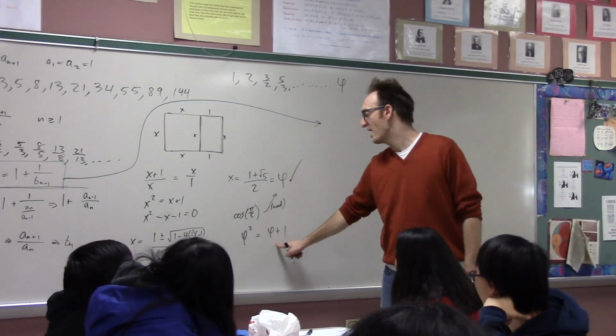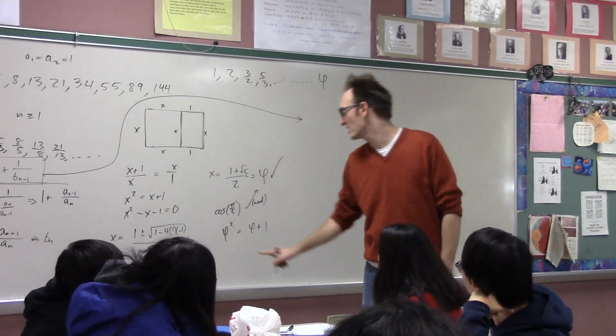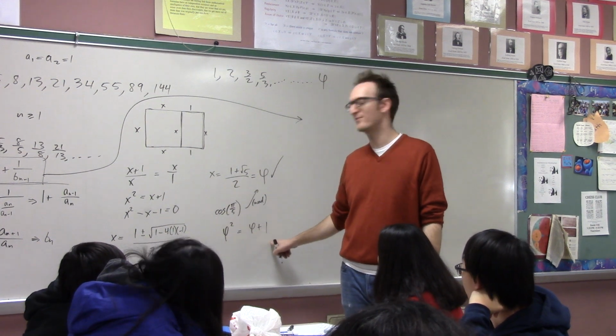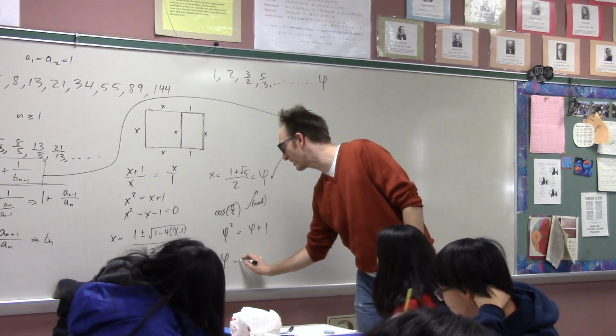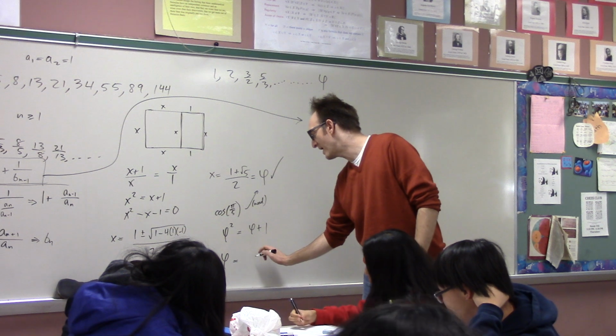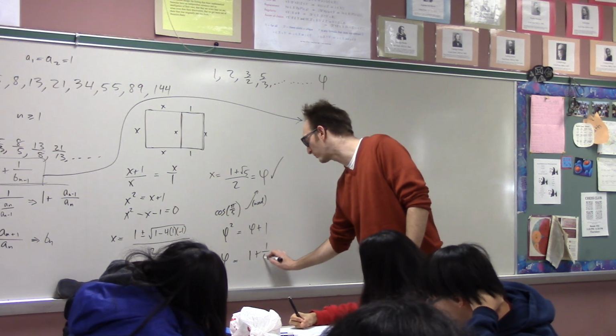Good. And another property that phi has: you can divide both sides of this equation by phi, and it is also true that phi is 1 plus 1 over phi.